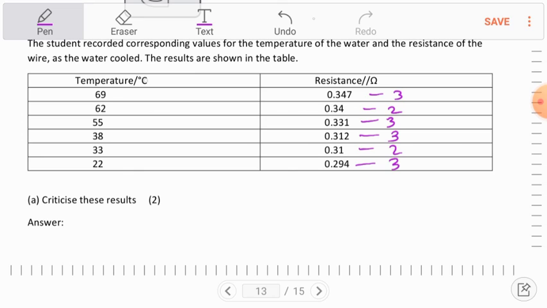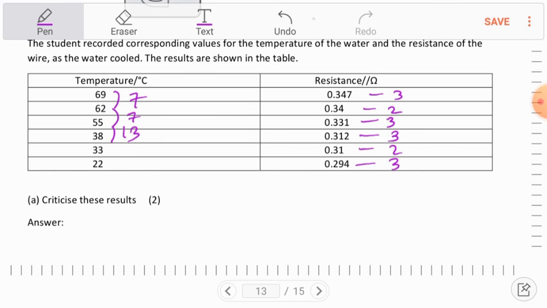And again, if we see the temperature section, there is a difference of about 7, and then a difference of about 5, 6, 7, and then a very big difference of almost 13. So the difference with which the temperature is decreasing is not constant or consistent. It doesn't follow any pattern.